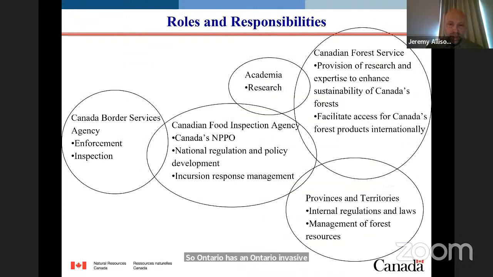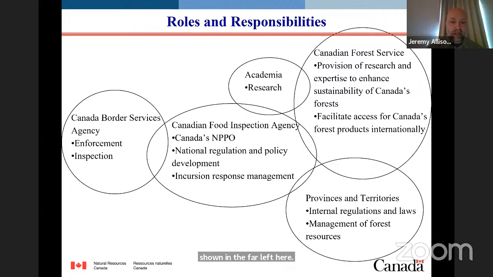And the roles and responsibilities outlined in this legislation, this Venn diagram is not an exhaustive depiction, but it begins to capture a couple of important points. And the first is that we do have overlap in the roles and responsibilities. So for example, you see Canada Border Services Agency shown in the far left here. They're responsible for enforcement and inspection.